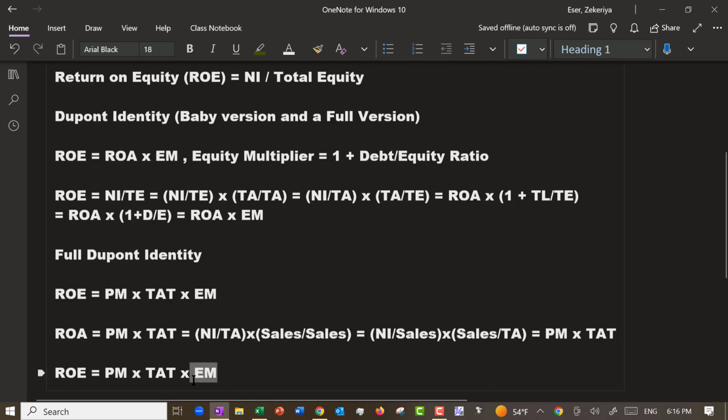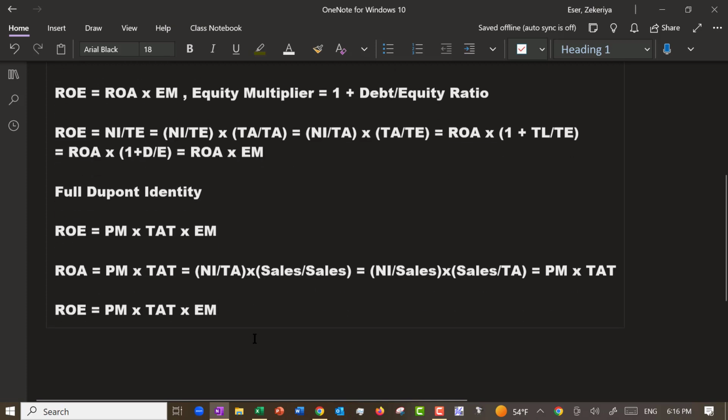And for most banks, EM is typically anywhere from 5 to 10. They're in the business of making money from other people's money. Okay. Now, we will do problems in the second half.